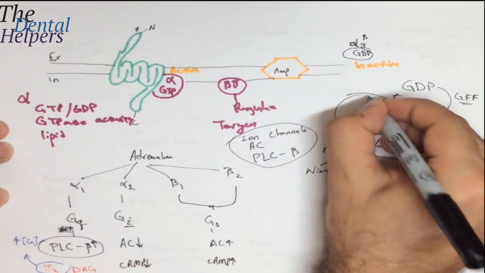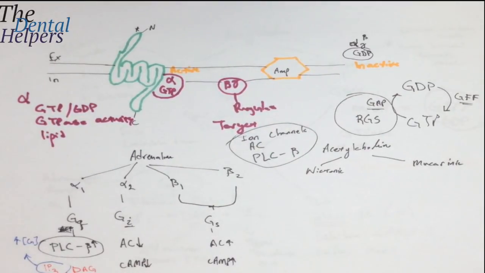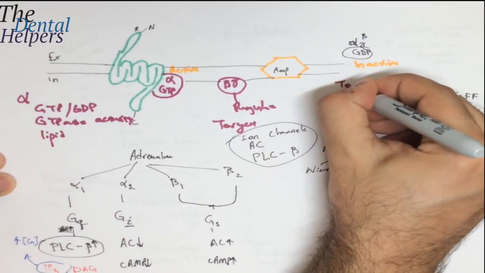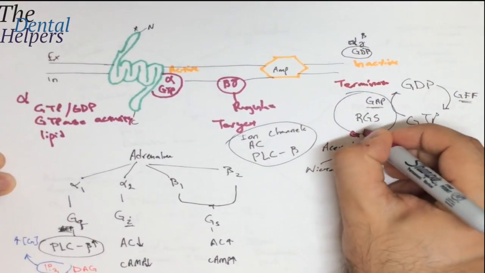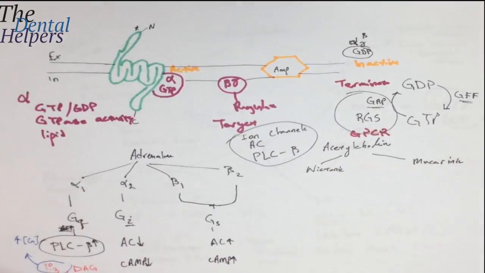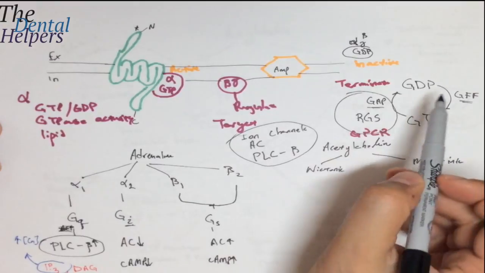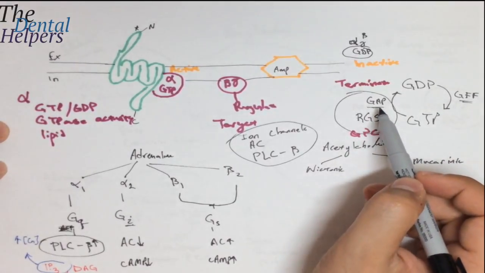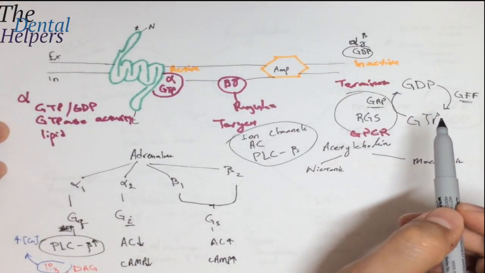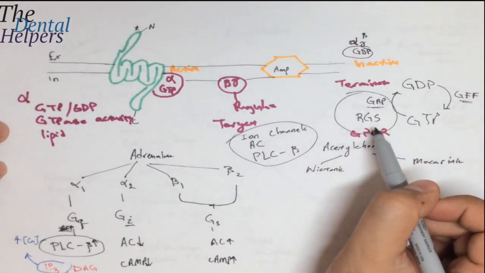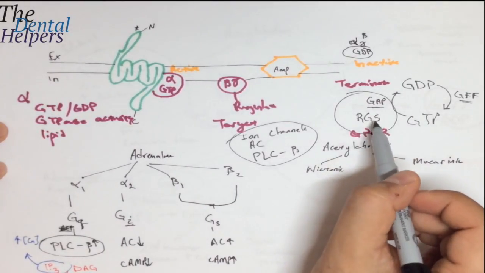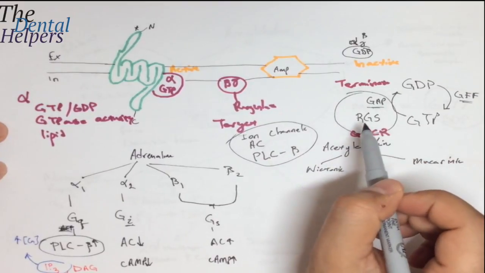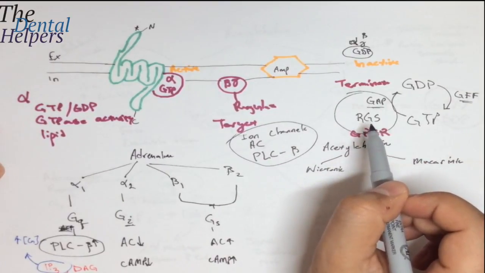And both of these terminate our GPCR. The actual name of GAP is GTPase activating protein. RGS is regulators of G protein signaling. So if you just remember what these two mean, you know that you're going to turn off your GPCR.